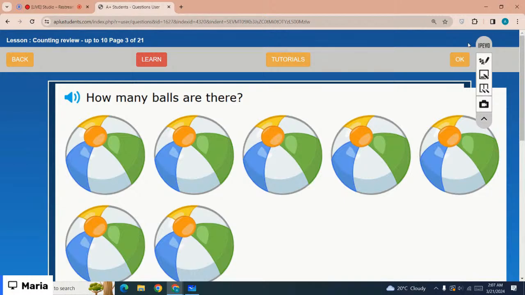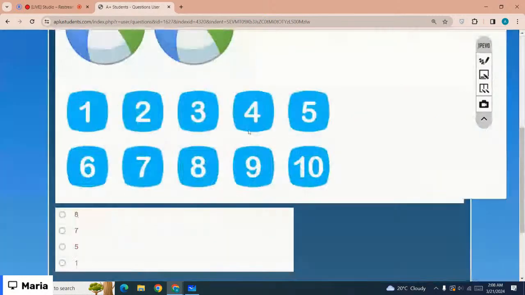How many balls are there? So, which is the correct option? Yes, the correct option is 7. There are 7 balls, right? The correct option is 7.